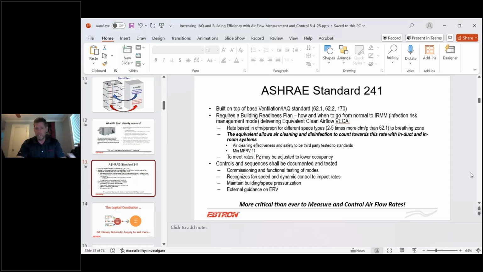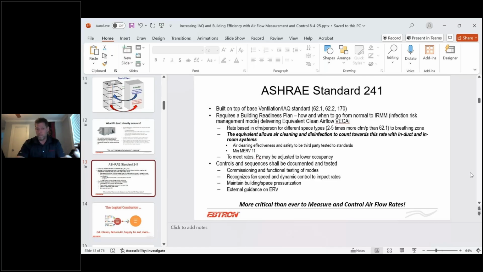And so as an engineer, if you're designing a system and you're going to reduce the amount of outside air during the pandemic mode based on these cleaning procedures, I think it becomes more pertinent than ever to measure those airflow rates, because if you're off by a little bit, it can have a huge effect on your indoor air quality.